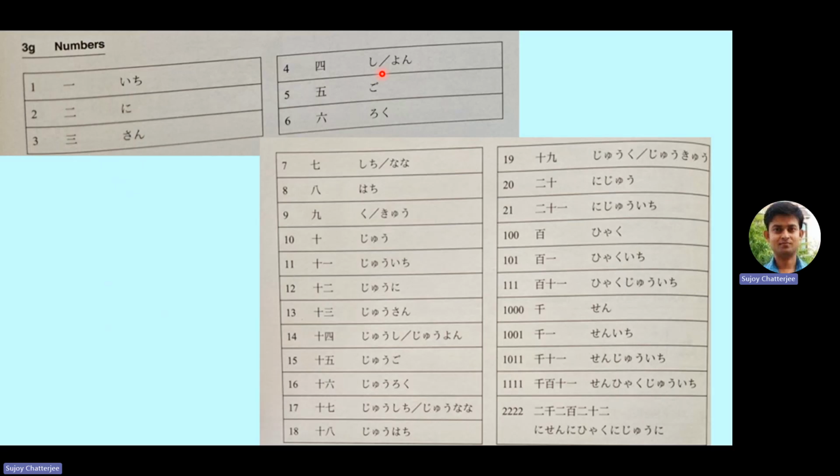Why is that so? Because shi also means death. So when we are talking about the birthday or the age of a person, we won't associate the word shi with that, because it also means death. So it's like an ill omen that we don't want to indicate. In that case, only yon will be used. Otherwise, both have the same meaning.